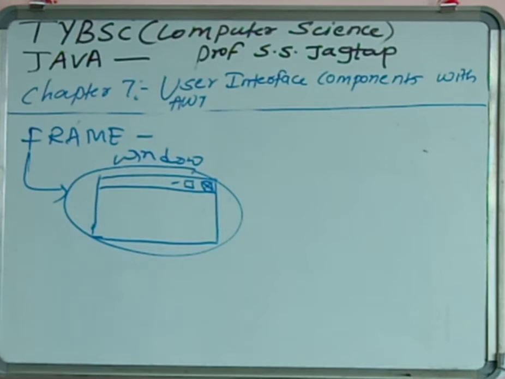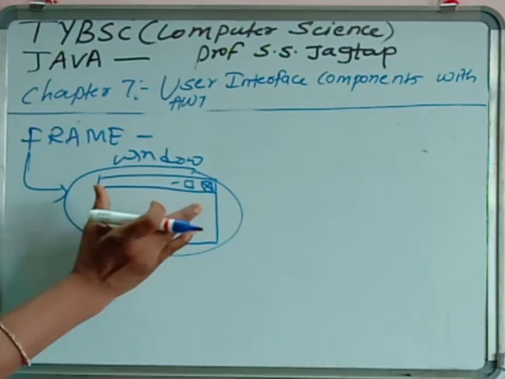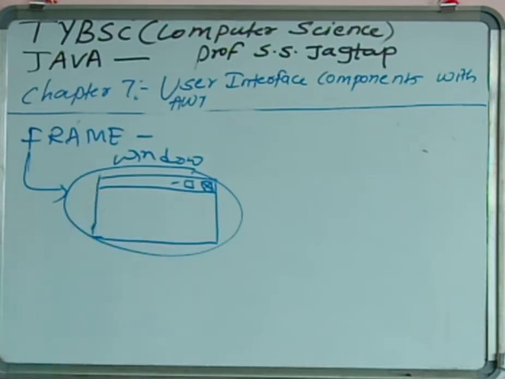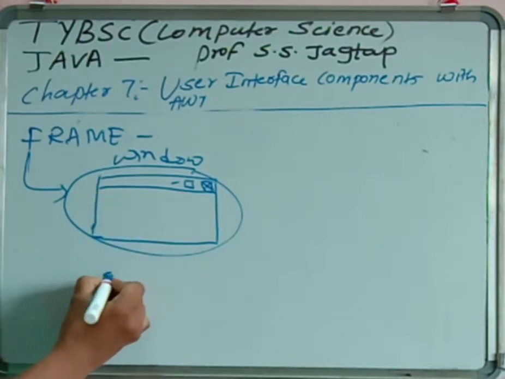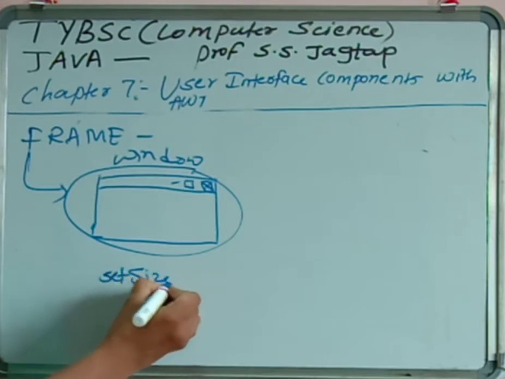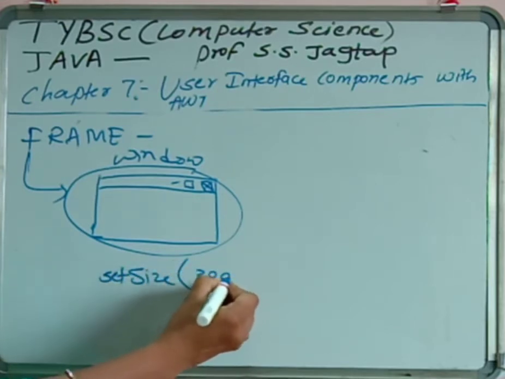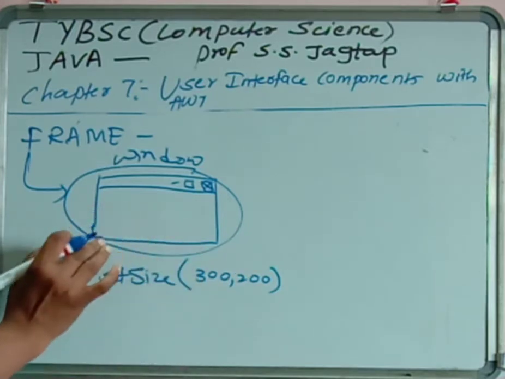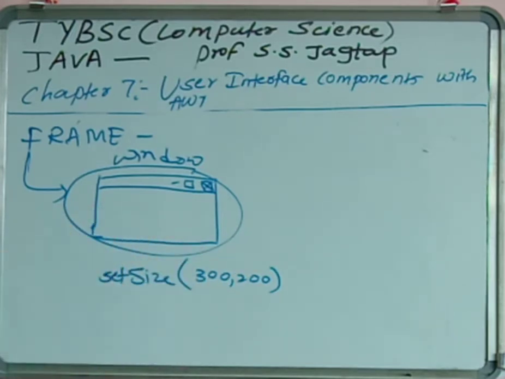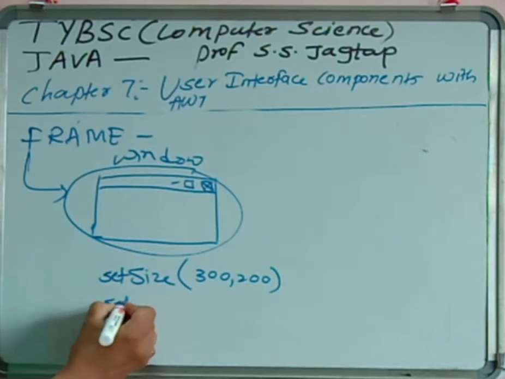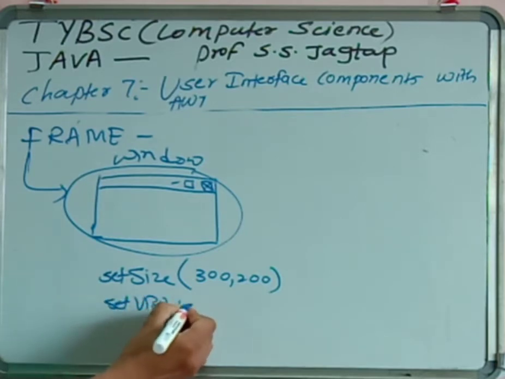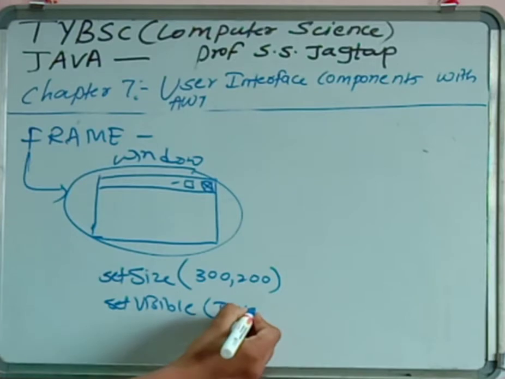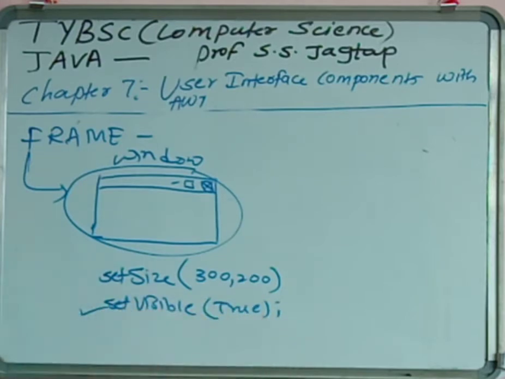This frame can be made visible, or we can set the size of a particular window. We set the size by using the setSize function with parameters as coordinate points. We can also set visibility: if true, the window is visible; if false, the window is not visible.